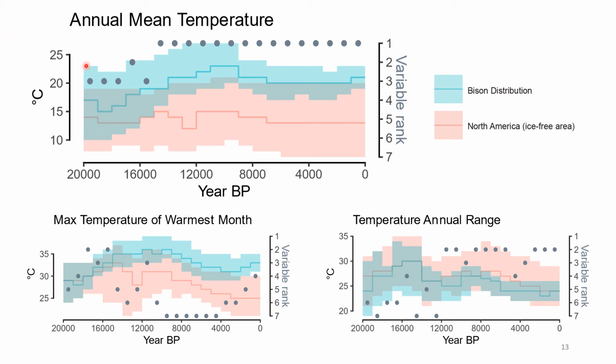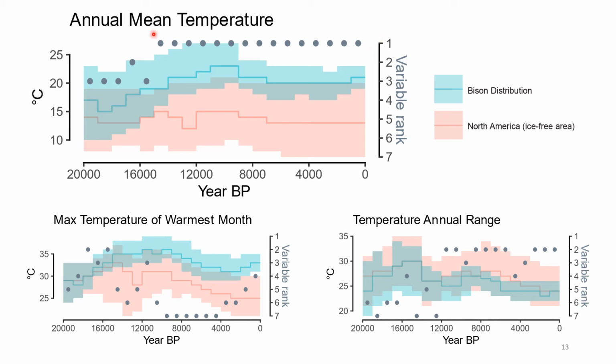What this is basically summarizing is the climate experienced by bison here in the blue, with the blue line being the median and the shaded area being the interquartile range. This is compared against the typical North American climate, which includes all ice-free area used in the analysis. The variable rank is simply, for a given time interval, how important was this variable for predicting the distribution of bison?